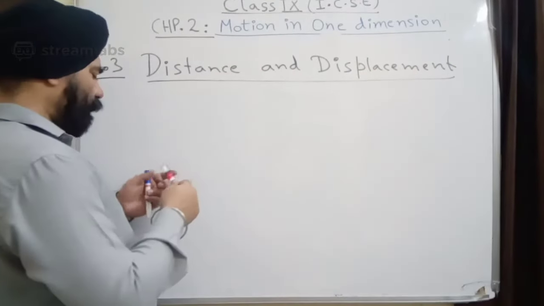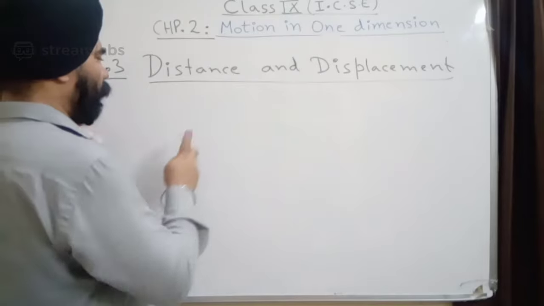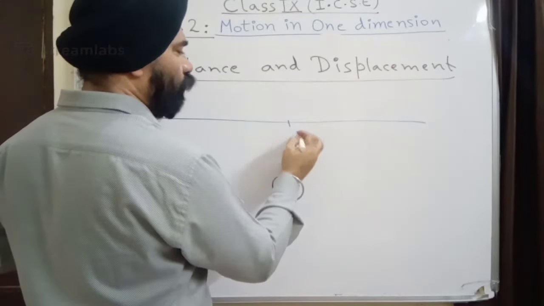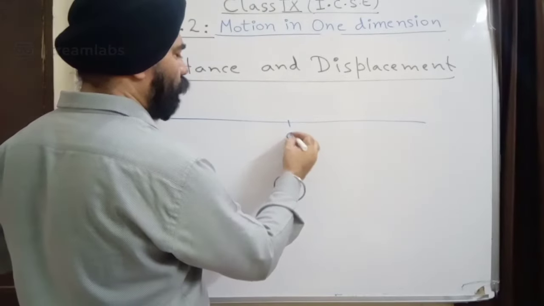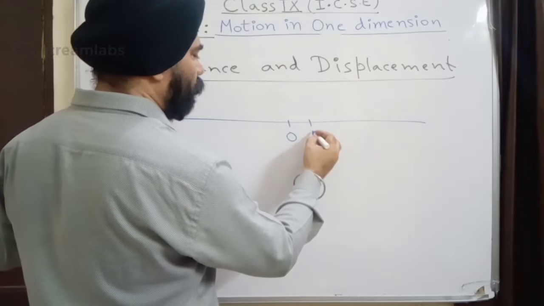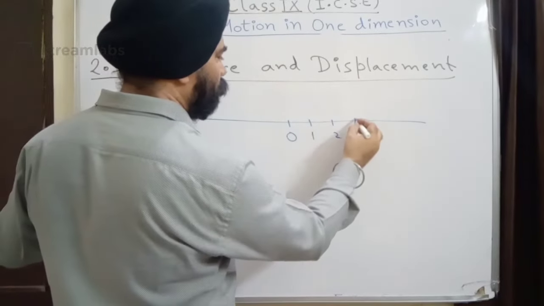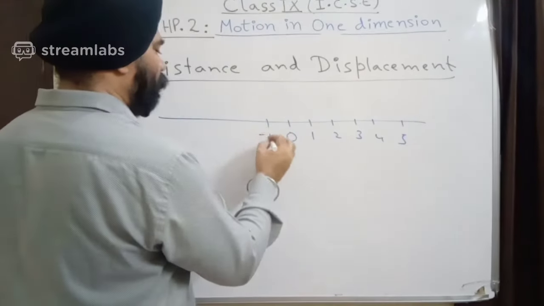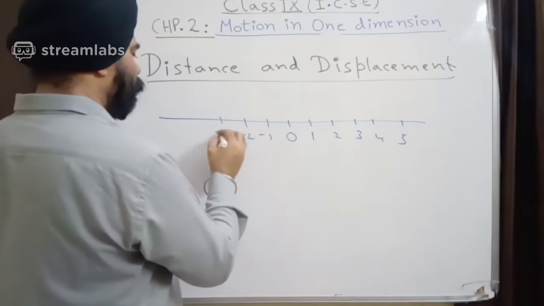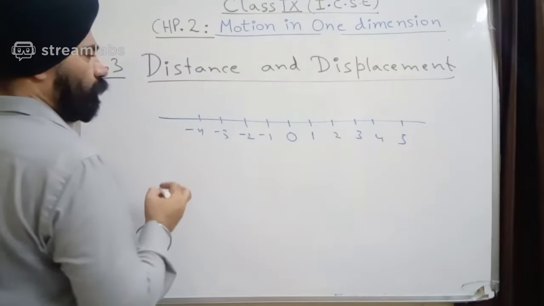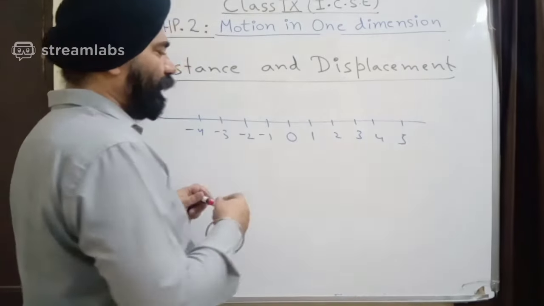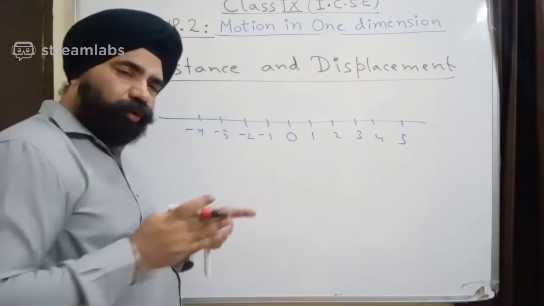Okay. Now I take a line. I said I represent one-dimensional motion on a horizontal axis, so I take the horizontal axis. This is 1, this is 2, this is 3, this is 4, this is 5, and this side I have -1, -2, -3, -4. Now I say I have a ball. This is a table, or a groove.